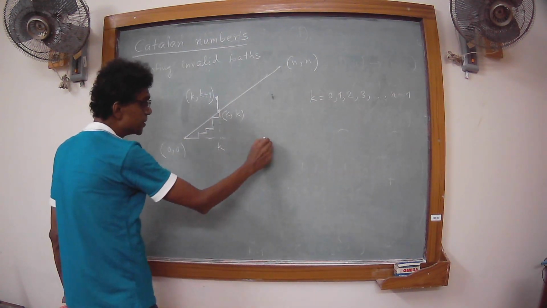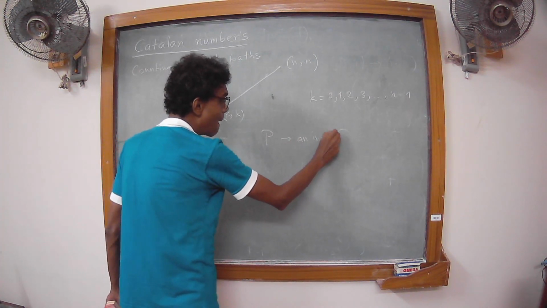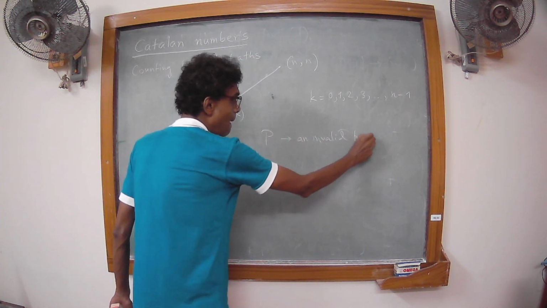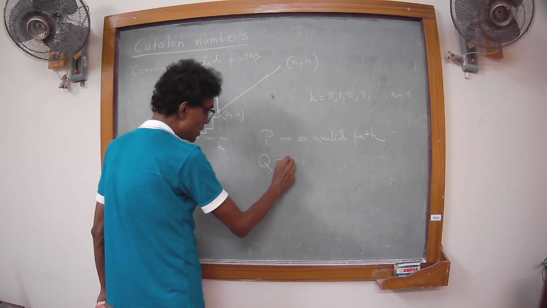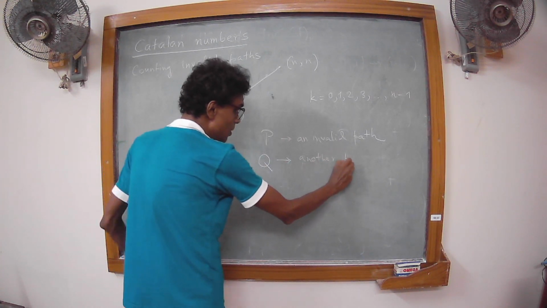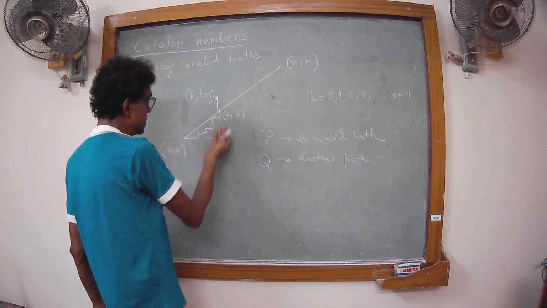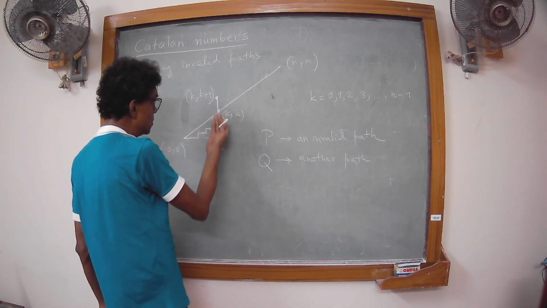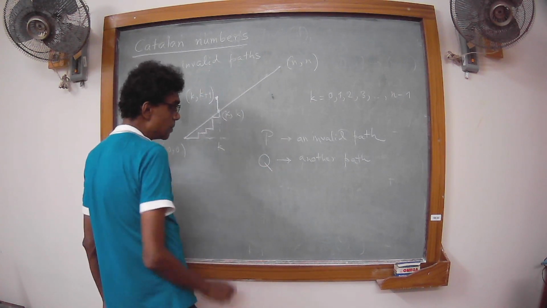So this is the original path P, an invalid path. I construct Q, another path. K is the first x value where the invalidity is manifested.